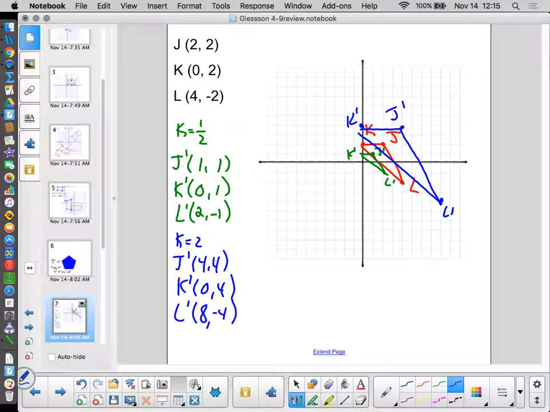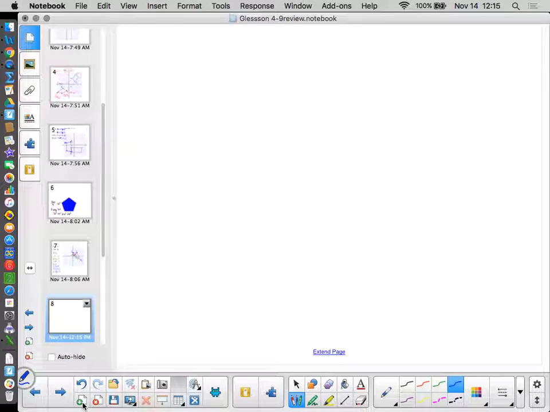15. This one's kind of interesting. For 15, it says, describe the similarity transformation. Now, the easiest way to do that, if it's just a similarity transformation, all we have to do is find one pair of corresponding points and find what went on. So A here is at negative 3, negative 1.